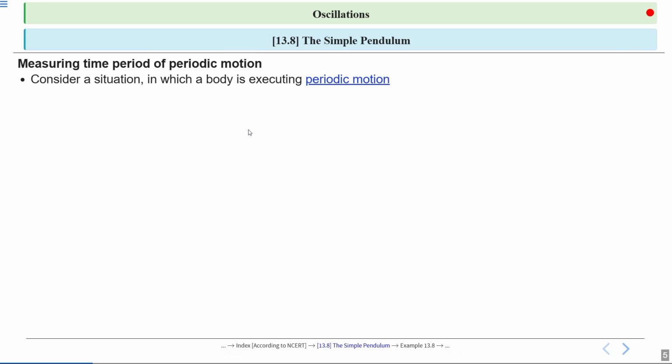Let's start by thinking about periodic motion. Periodic motion means any movement that repeats itself at regular intervals, like a pendulum swinging back and forth or the hands of a clock moving around.